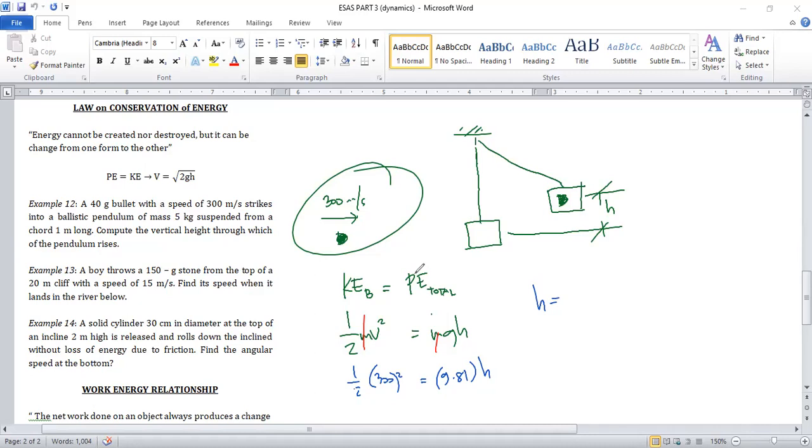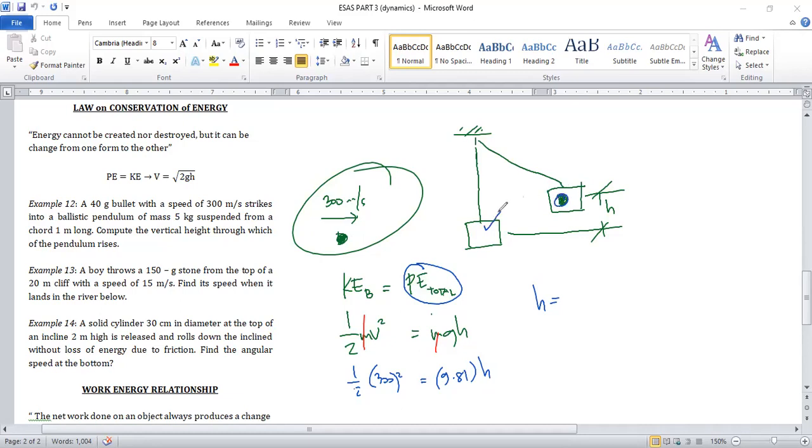Okay, so I think there is something wrong in our analysis. We cannot equate the kinetic energy possessed by the bullet directly to the total potential energy, because the total potential energy includes the pendulum and the bullet.